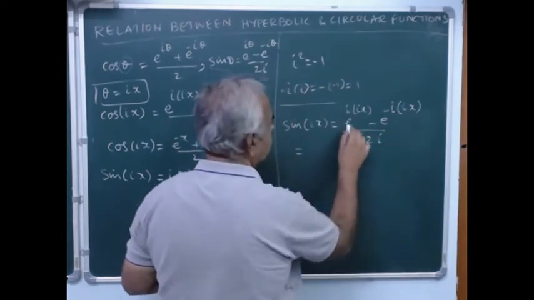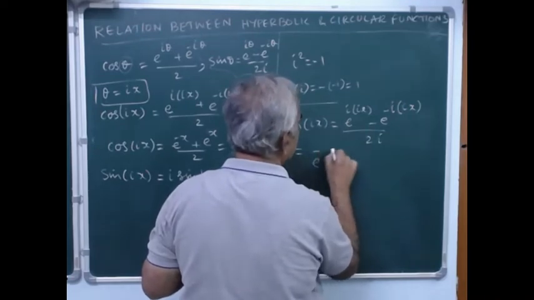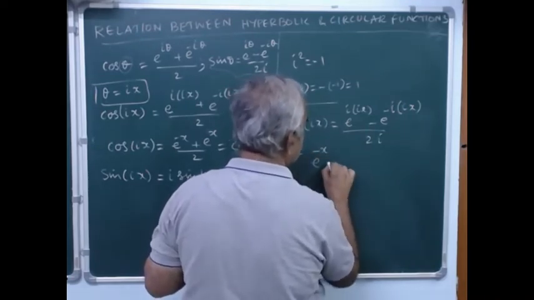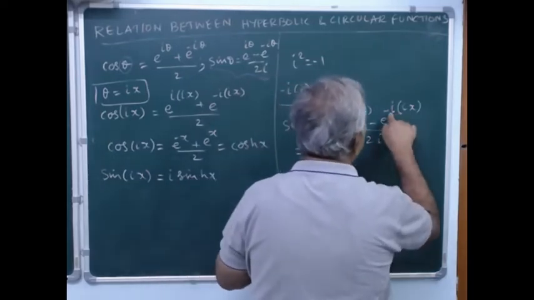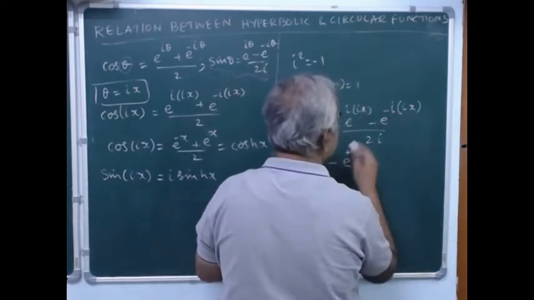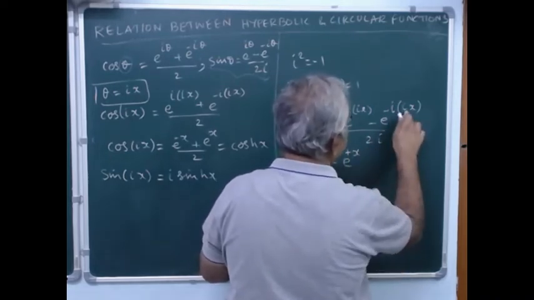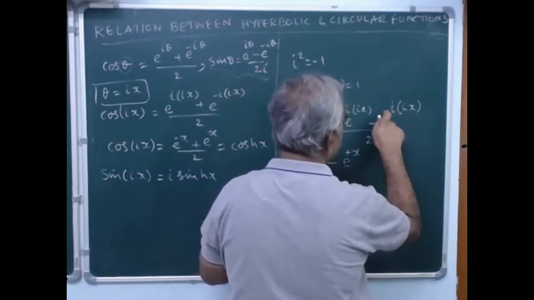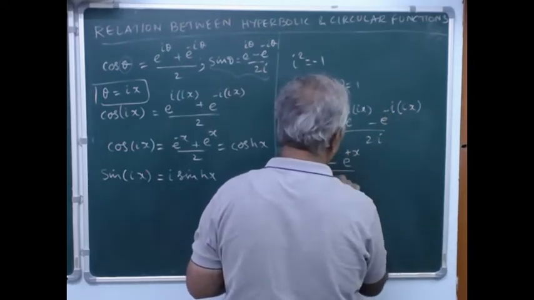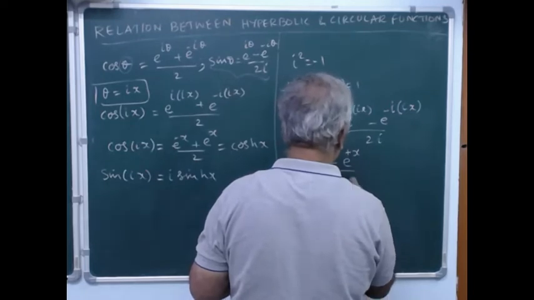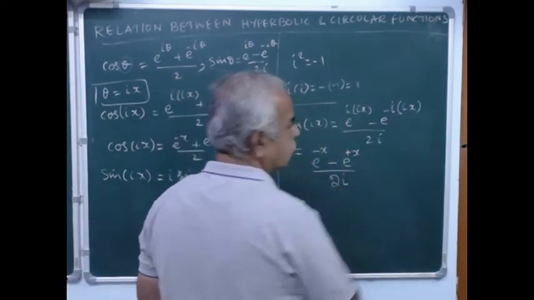Now e power i squared x, so minus x, and then minus, and once again here plus x, because i squared is equal to minus 1, minus of minus is plus 1, so plus x, whole divided by 2i.